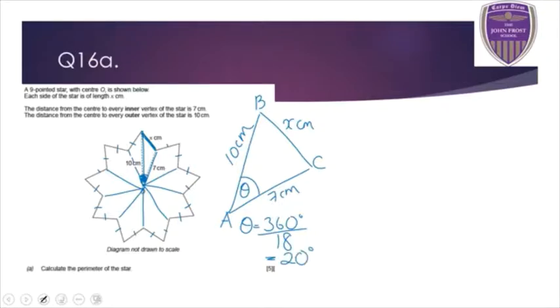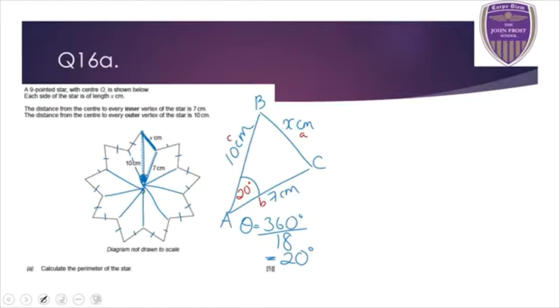Okay, so how is that going to help me? Well, if I put in 20 there, I've labelled it A, B, C, but I'm going to label the lengths a opposite the big A, little b there, and little c there.